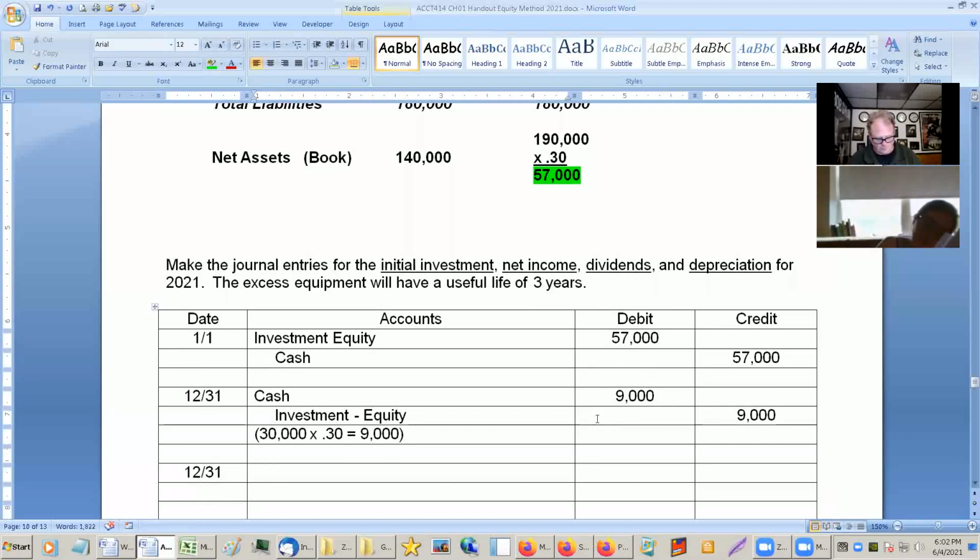Right. So okay, so 30,000. So we're going to debit investment equity by 30,000. And we're going to credit equity income.